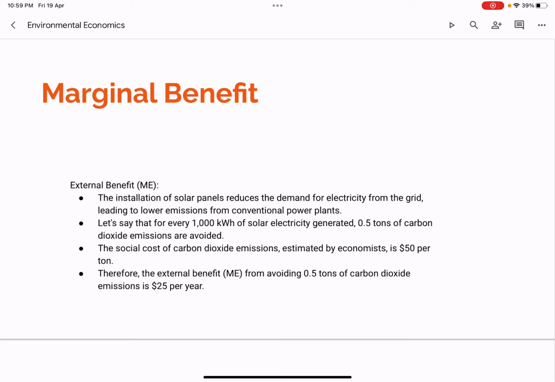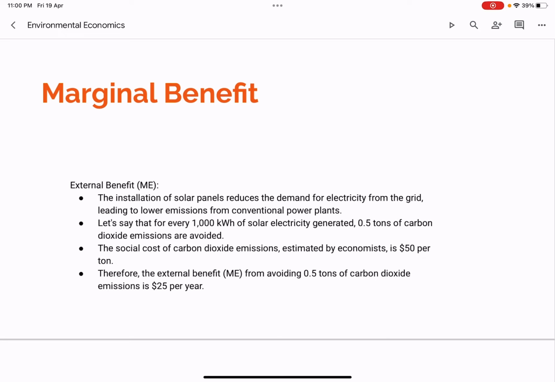So obviously, for 0.5 tons of carbon dioxide, the external benefit which the household would contribute to the society would be 0.5 tons into $50, which comes as $25 per year. Okay, so this is how we have calculated the external benefit because of positive externality.